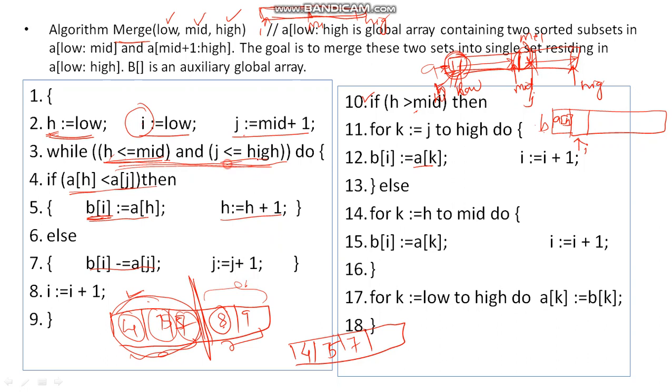And if the second condition becomes false, go on taking the elements from the first half. That is, K is equal to H to mid and here J to high. Finally, whatever elements have been taken into B, take them back to A. That means whatever elements have been sorted now, copy them back to the given array A. Okay, so this is how the merging works.